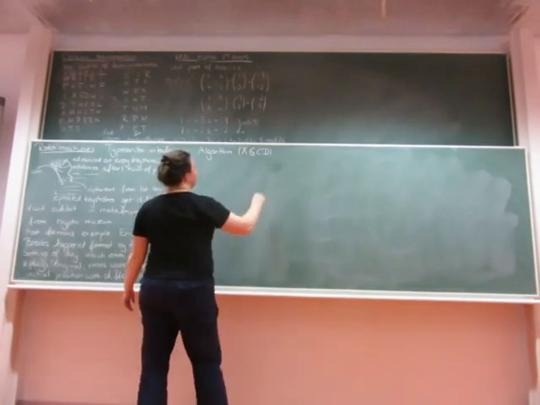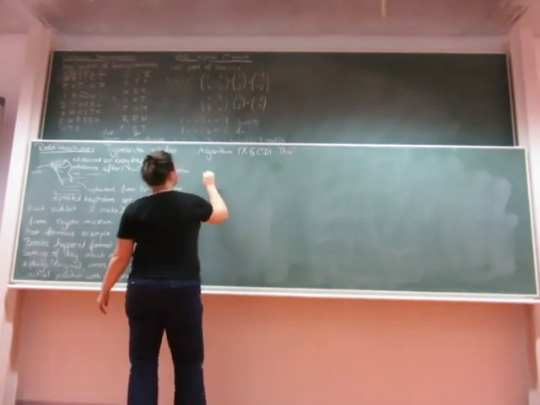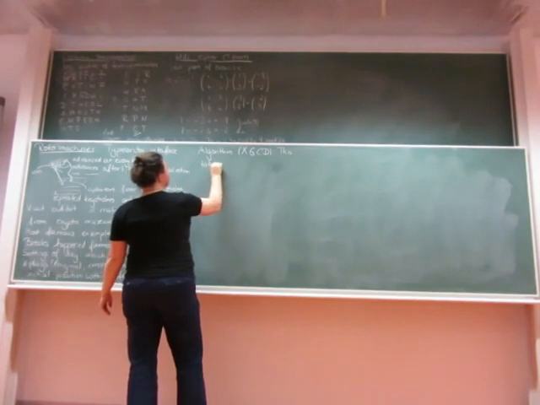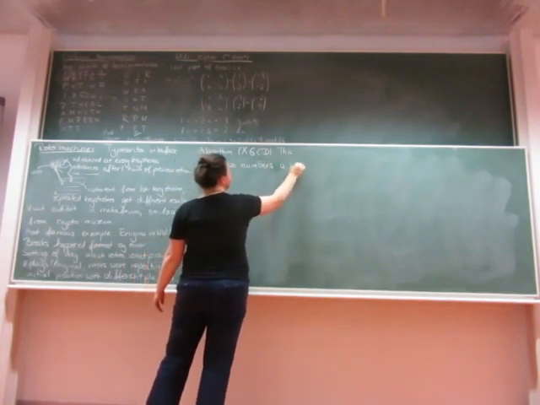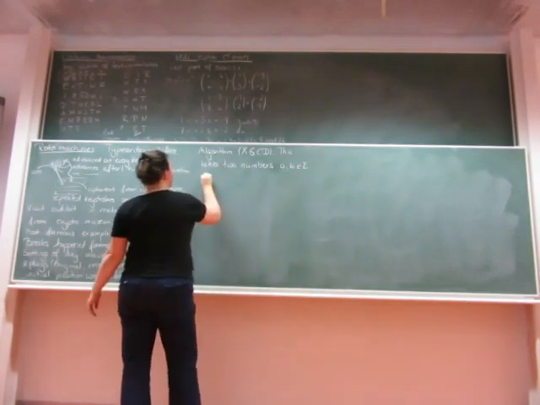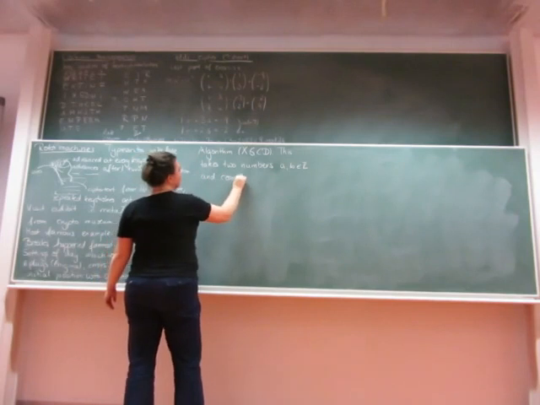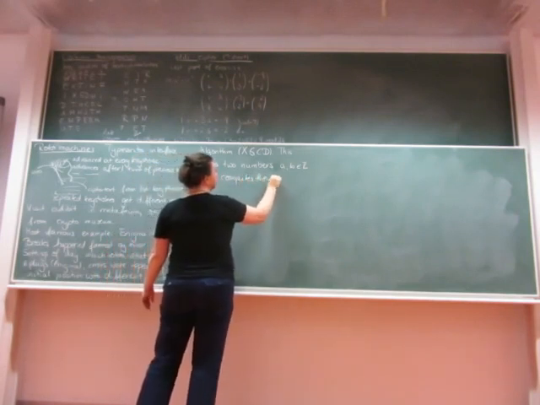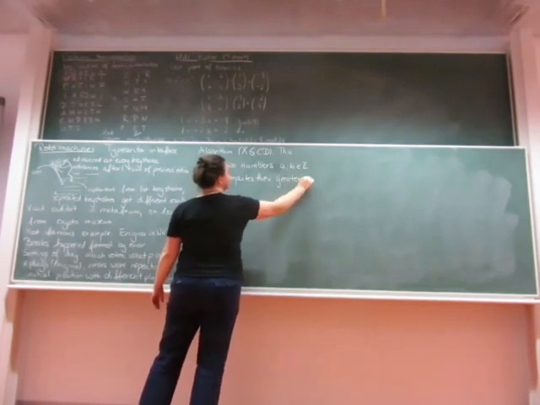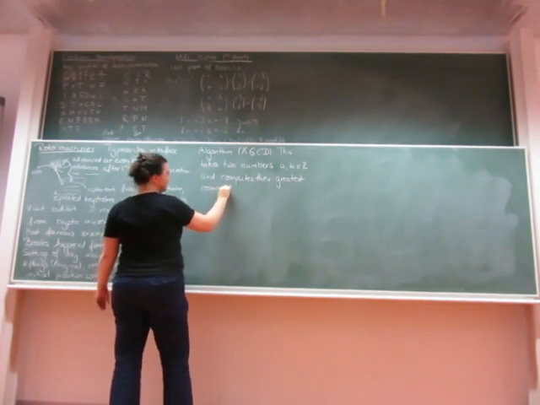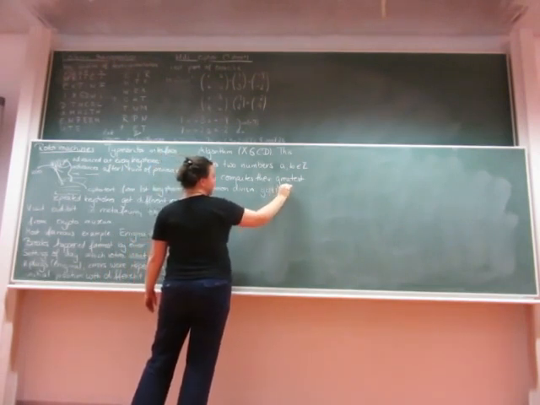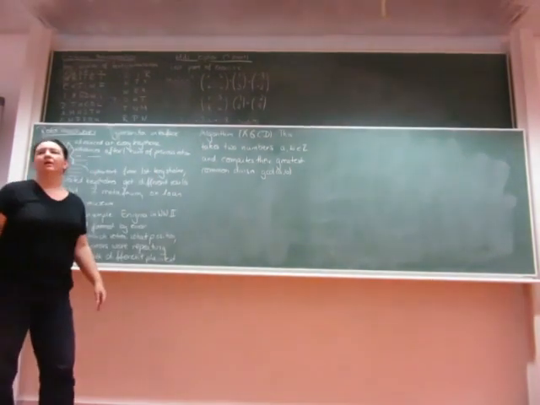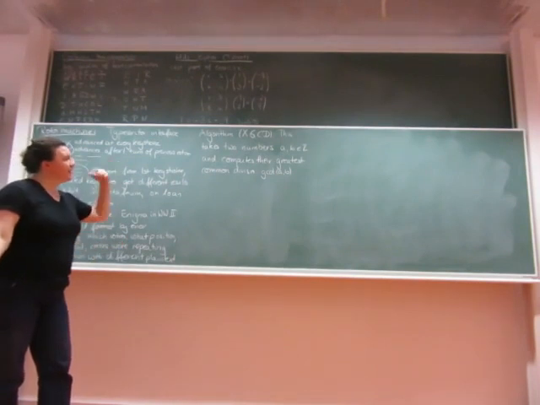So, the XGCD takes two numbers, A and B, in the integers, and computes the greatest common divisor, the GCD of A and B, and gives a linear combination of A and B summing up to this GCD.